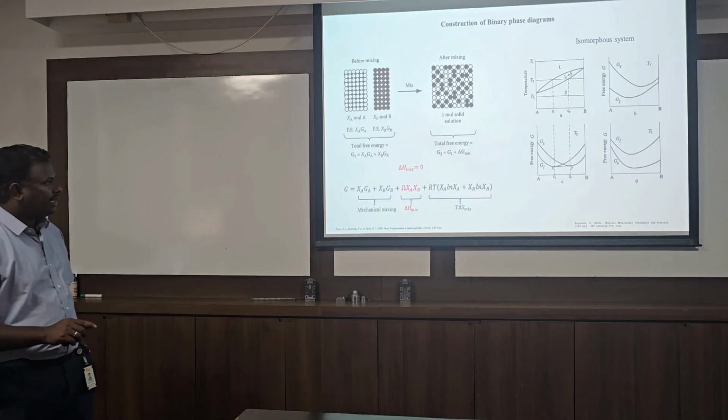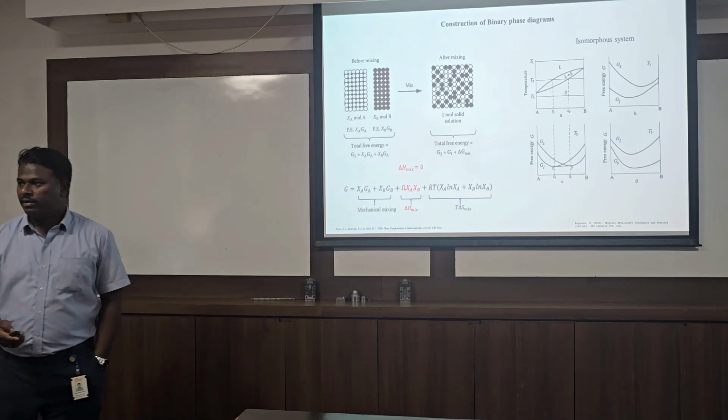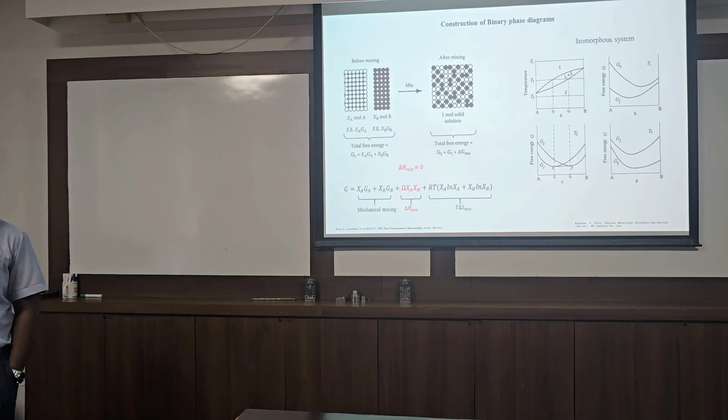So when I plot like this, what is X? Mole fraction. If I take one element at 90%, another element will be 10%. If I take 50%, another will be 0.5.